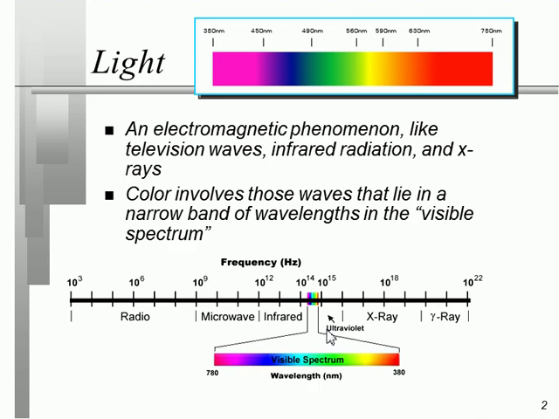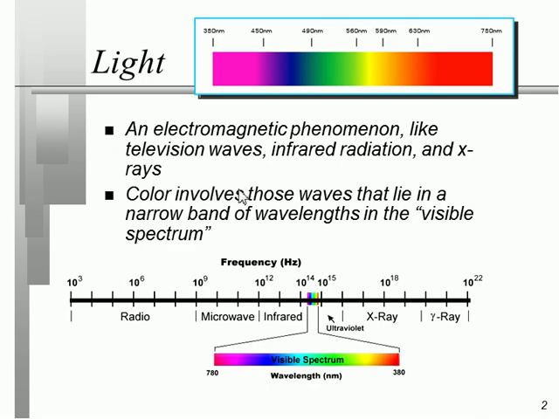A few megahertz is a radio wave. What do we call that? Certainly 100 megahertz is VHF. 300 megahertz is almost UHF, in the VHF-UHF range.